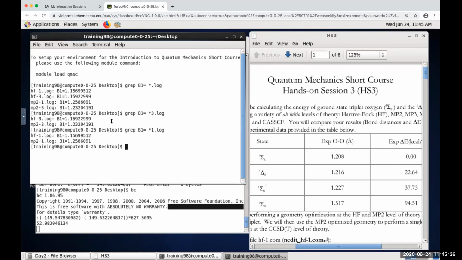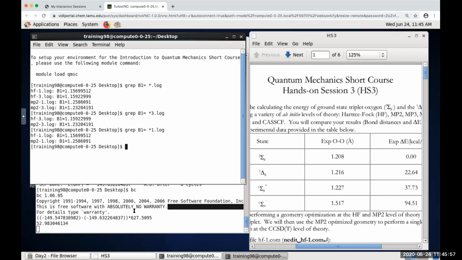MP2 doesn't have a balanced amount of electron correlation. It's overshot, and that's why it's too long. The same thing is true for the singlet. Hartree-Fock is too short, and the MP2 is too long for that first excited singlet state.